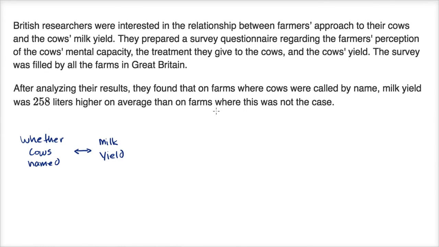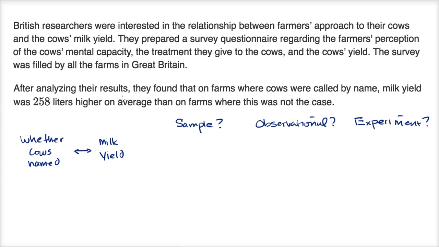So first, let's just think about what type of statistical study this is. Is this a sample study? Is this an observational study? Or is this an experiment? Now, in a sample study, you would be trying to estimate a parameter for a broader population.